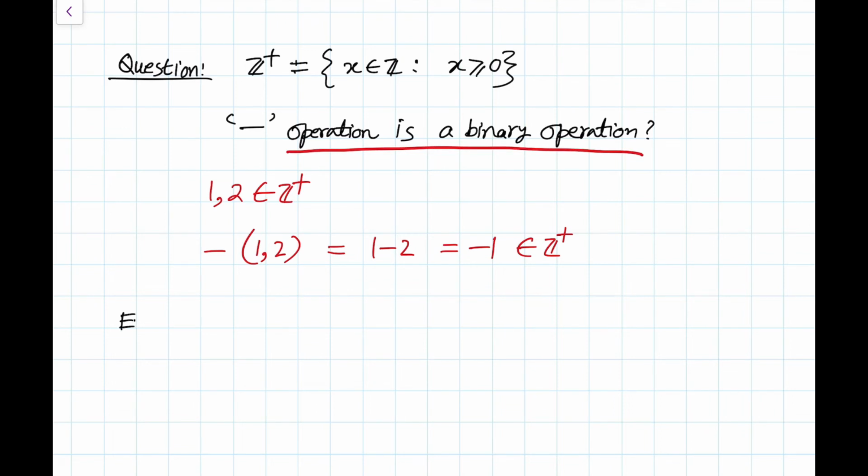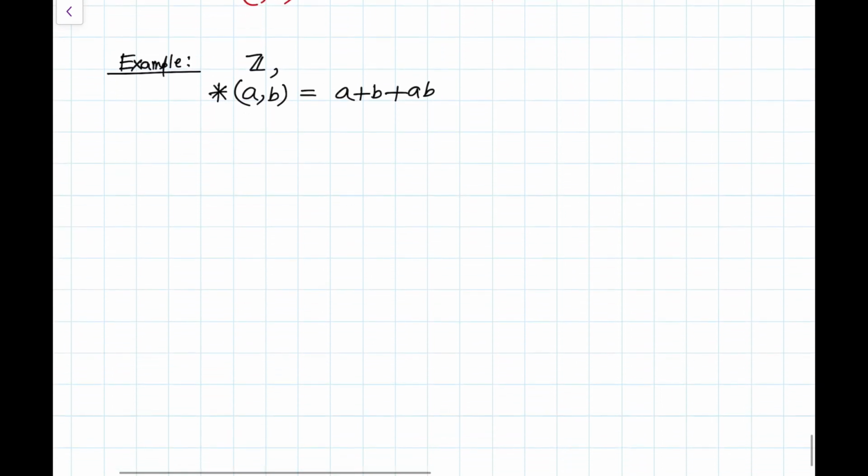Let us see another example. Suppose we have the set of integers and we define an operation. If a, b belong to Z, we define a star b as a plus b plus ab. We have to check whether this is a binary operation, and whether it is associative.